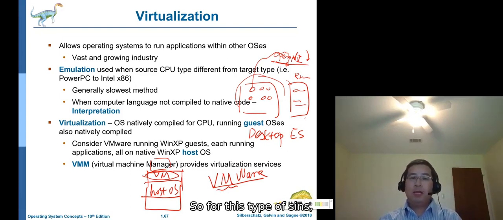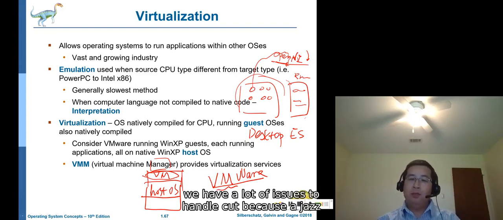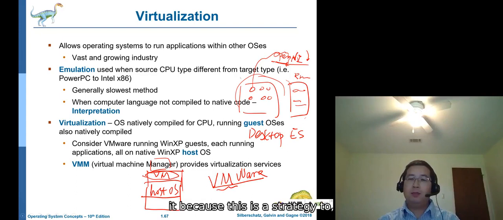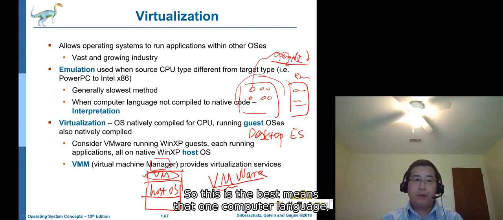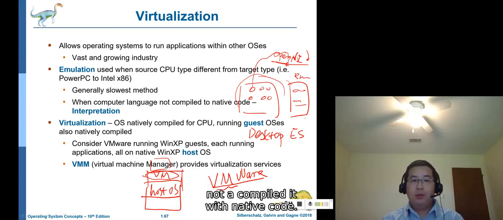So for this type of thing, we have a lot of issues to handle, correct? Because this is like a strategy for embedded system development. So the basic problem is that the code is not compiled to the native code.